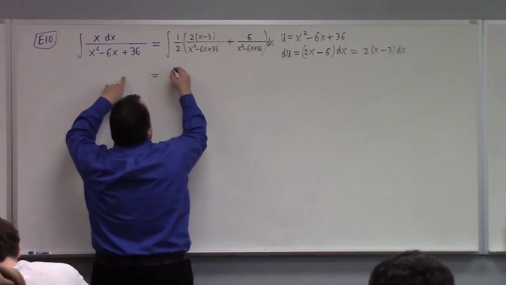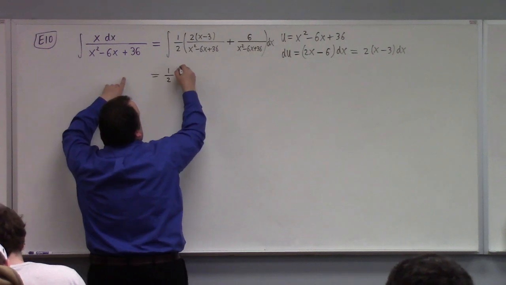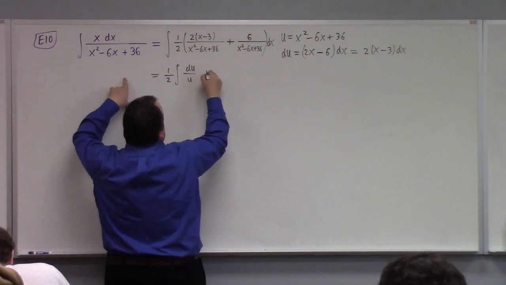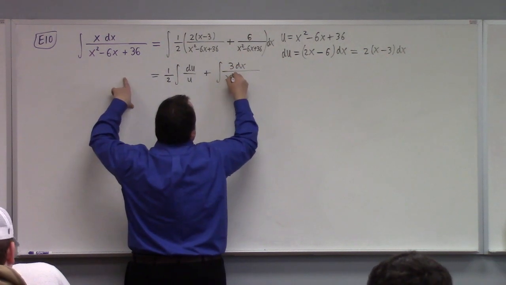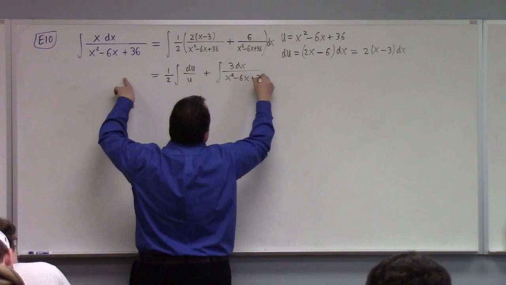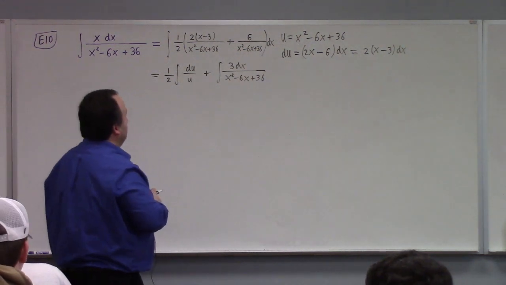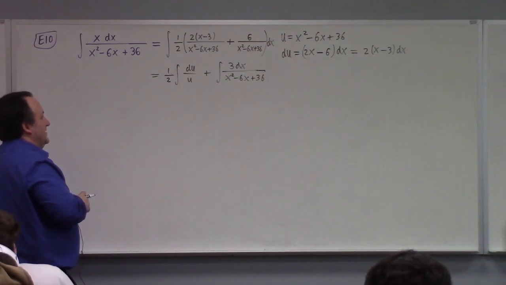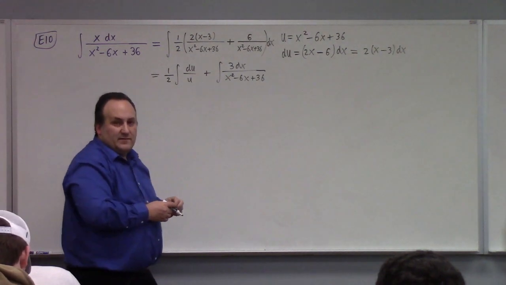So with respect to that, I got myself 1/2 the integral of du over u plus the integral of 3 dx over x squared minus 6x plus 36. So I'm like, well, okay, great, but I'm still stuck with this thing.